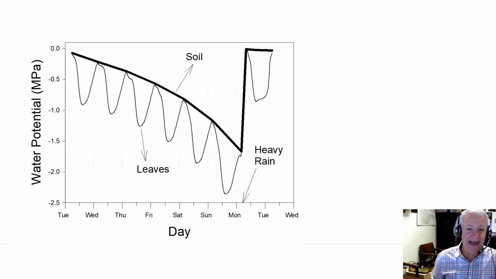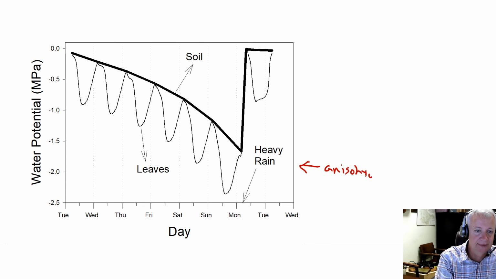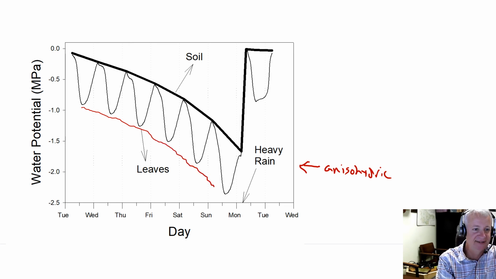So if we revisit this graph relative to that isohydric versus anisohydric pattern, this pattern is anisohydric. That pattern I showed you is anisohydric because, especially, the midday or minimum water potential goes down as soil water potential goes down.